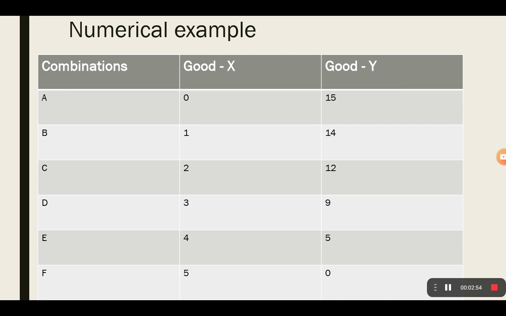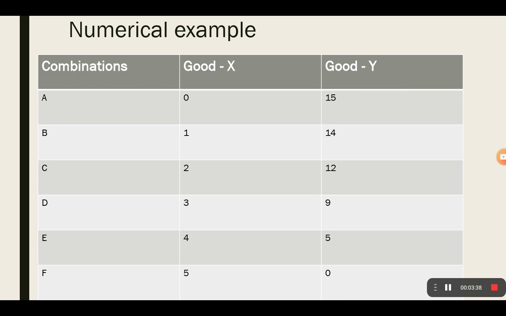We will be sacrificing the production of good Y, and we have a gaining good, that is good X. We will be increasing the production of good X. In the first combination, combination A, no units are produced of good X and a total of 15 units are produced of good Y. That means the entire resources and technology are employed in the production of good Y. Because of this, the maximum production of good Y will be 15 units.